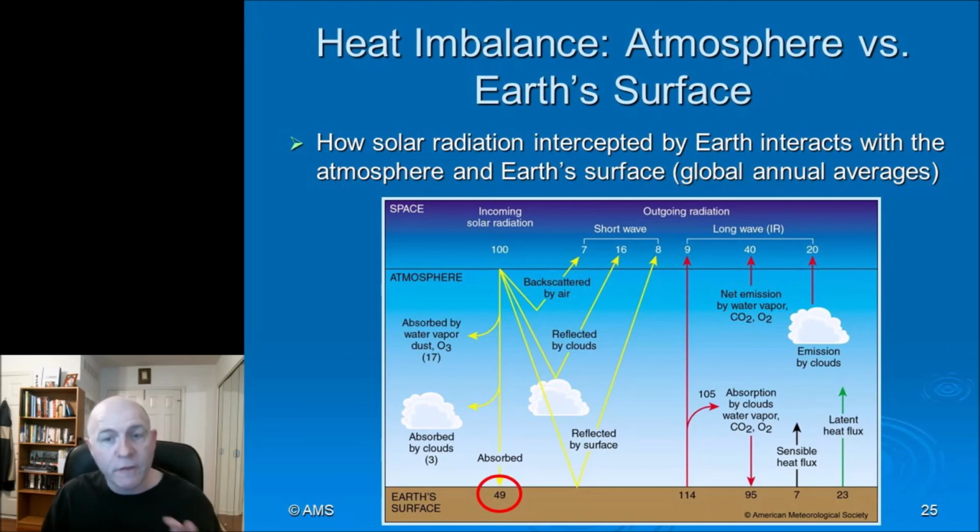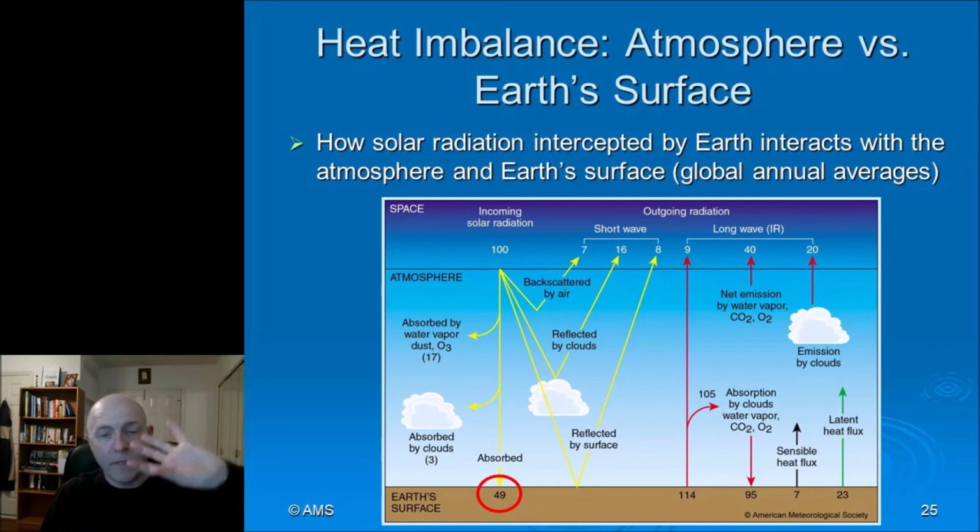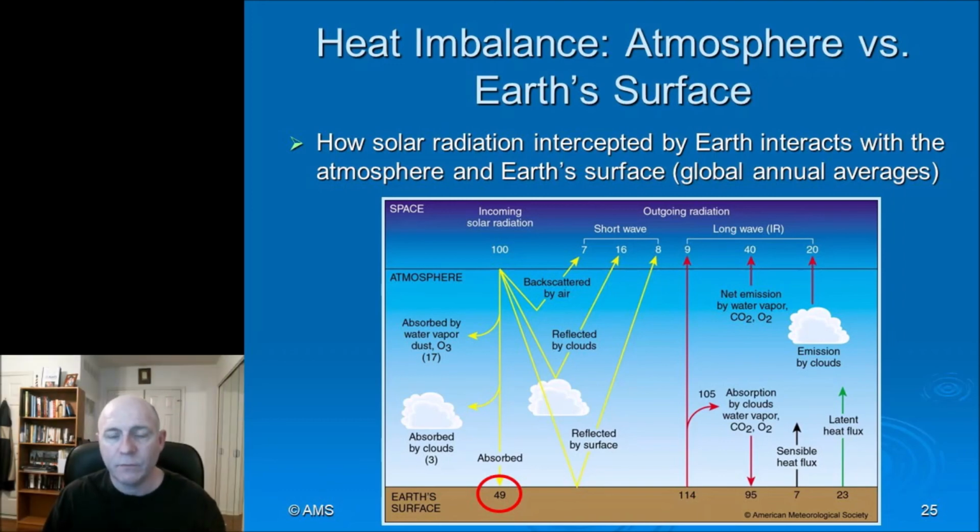We still have other things going on in the atmosphere. The CO2, the oxygen, they're emitting back out in a long wave IR. The clouds that are already there, they're sending back infrared radiation back out in space, as well as sending some back down to the ground as well. And then there are those heat fluxes, the sensible heat fluxes, the latent heat fluxes, the conduction, the convection, that latent heat where we're changing the phases, those leaving the ground as well.